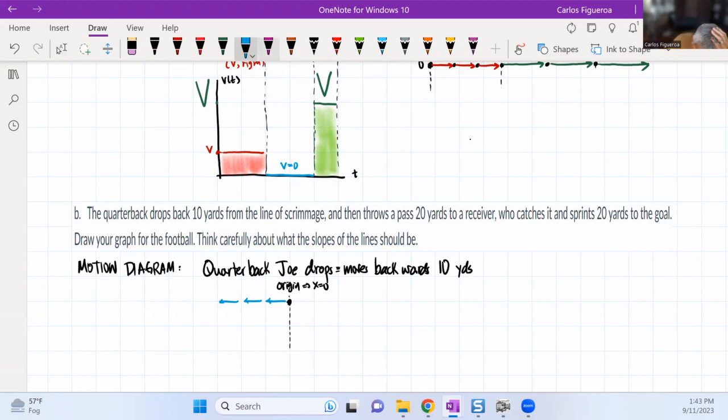So I'm just sort of guessing here. I should have probably scaled this. So I'm going to say that if he walks back 10 yards, then this point right here is the negative 10-yard mark.